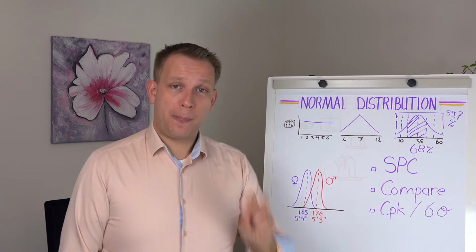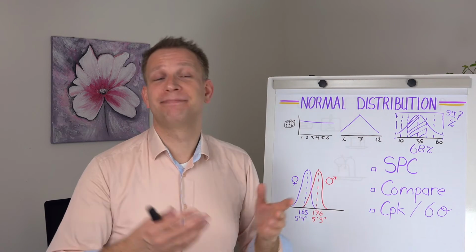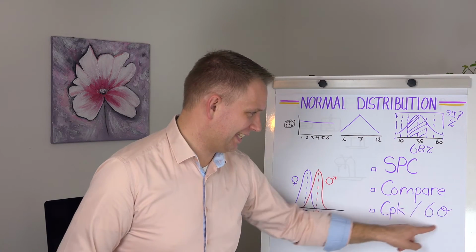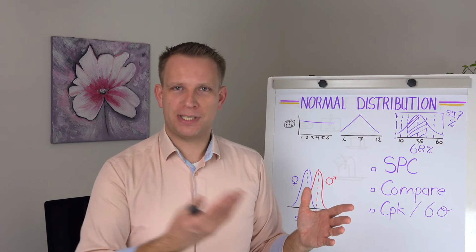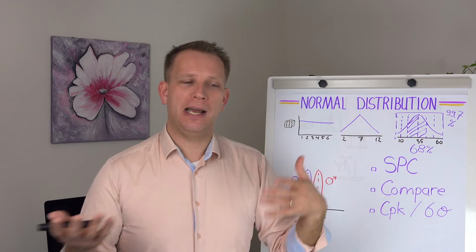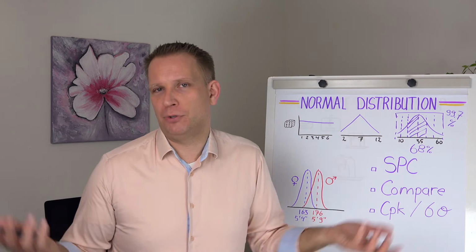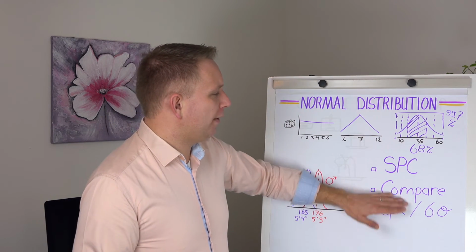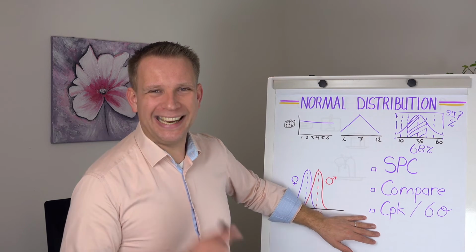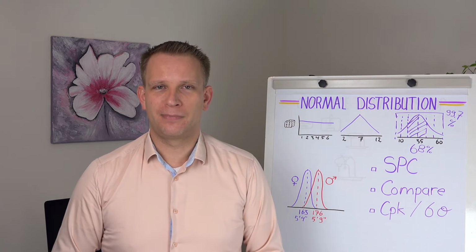A Cpk of 2, that's 2 times 3 standard deviations, 6 standard deviations, gives you so much room that your process can wiggle a little bit and you still have time to react before you really go over your specifications, over your tolerances. But all of them assume this normal distribution.